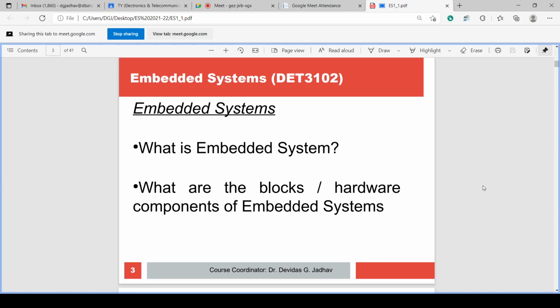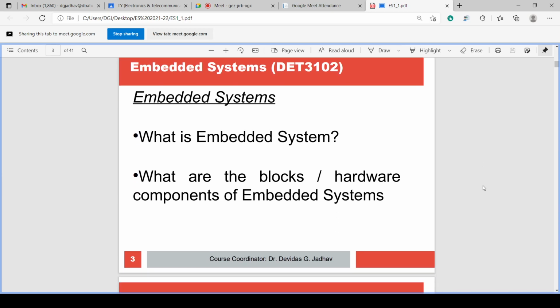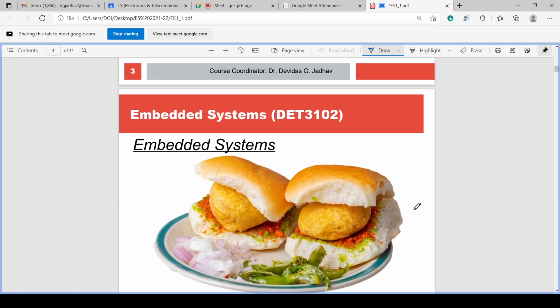The embedded system, DET 3102. What is an embedded system? We have seen in yesterday's lecture what the blocks and hardware components of an embedded system are.